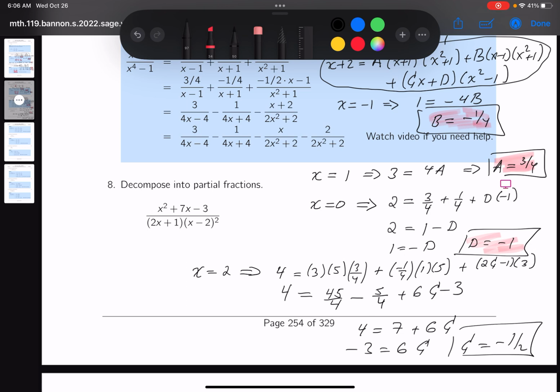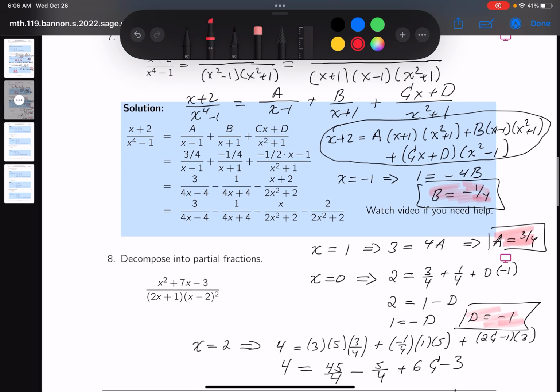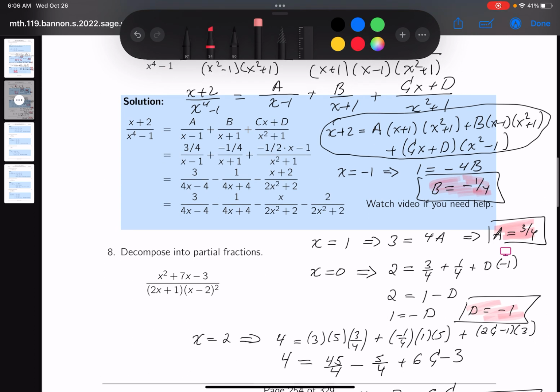Put a box around that, and I'll highlight it. All right, let's take a look and see if we got it. I'm going to erase the A now. And what was the A? It was 3/4. I'll write that down for you. I'm going to erase the B now. And what was the B? Minus 1/4. Now I've got to get this C. What was the C then?